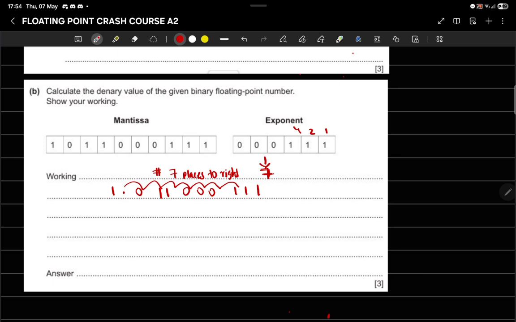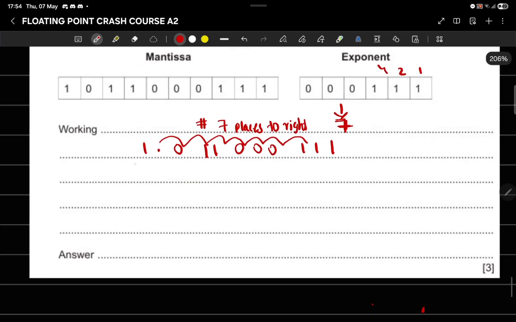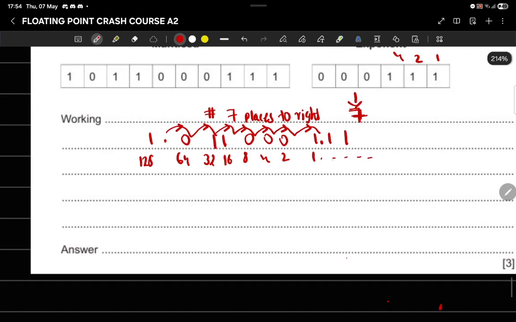So now we can just add it up. There's no need to write it again. This is 128, this is 64, 32, 16, 8, 4, 2, 1. The point gets here. So this is the decimal part. That's 1 by 2, 1 by 4.